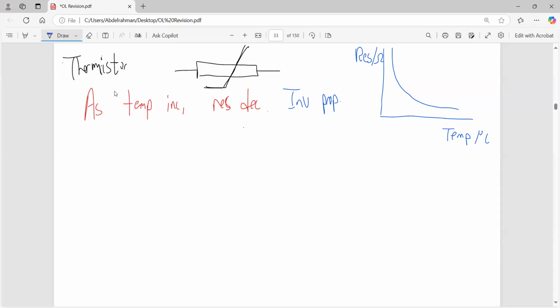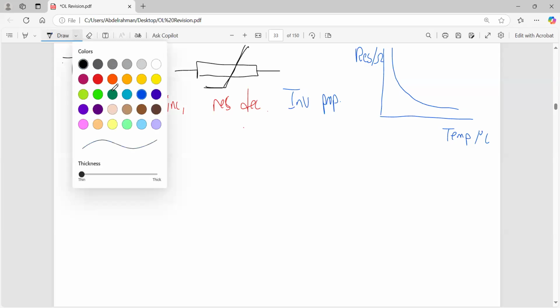The resistance increases. A thermistor is inversely proportional to the temperature, while a normal wire is directly proportional to the temperature. We need to take this point into consideration.